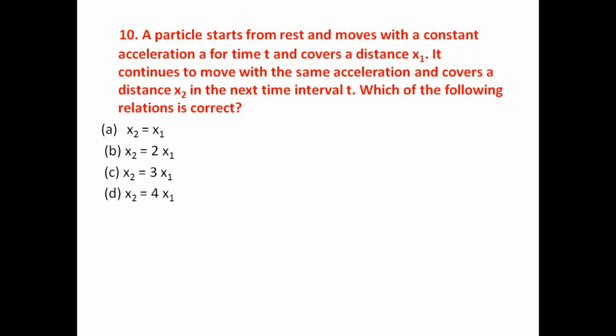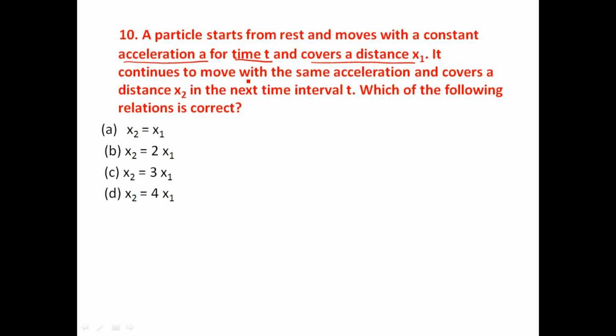Moving on to the next question, 10th one. A particle starts from rest and moves with the constant acceleration a. Acceleration of the particle is a and time taken is t. It covers a distance x1. It continues to move with the same acceleration and covers a distance x2 in the next time interval t.